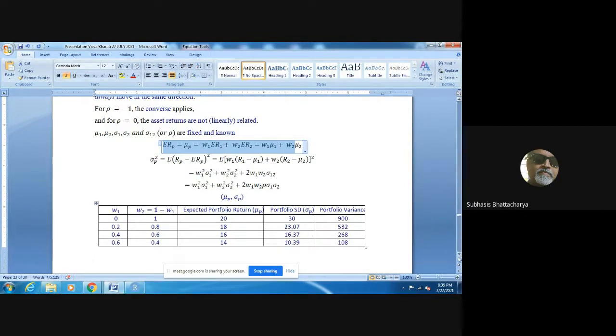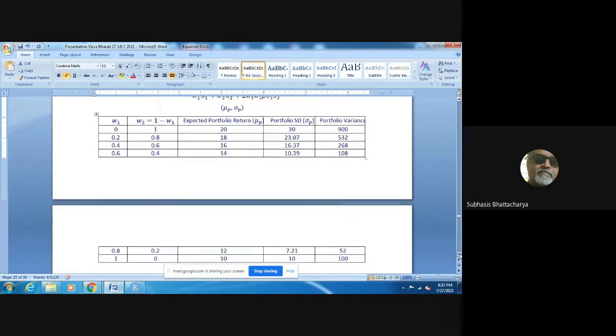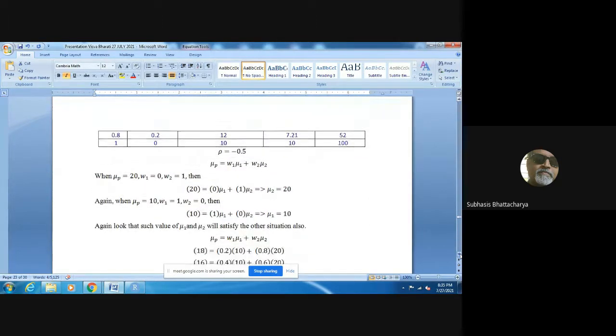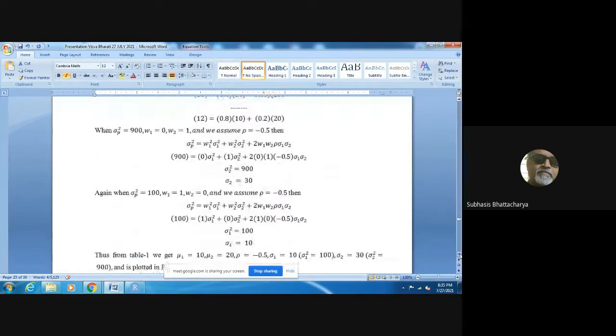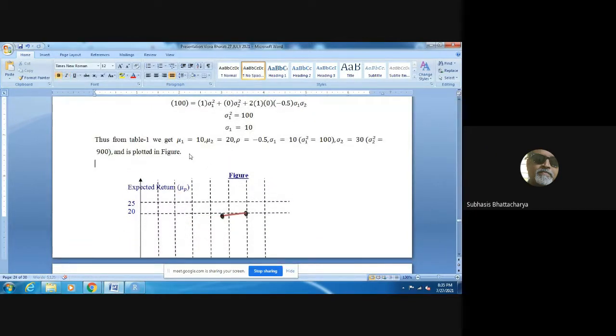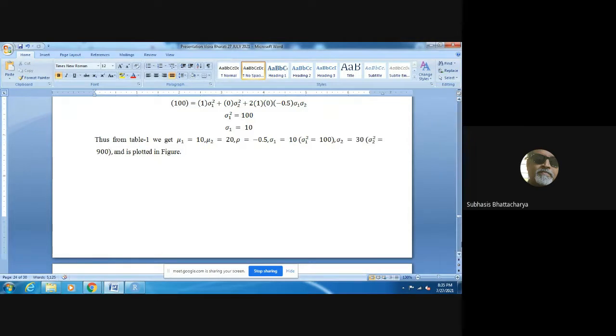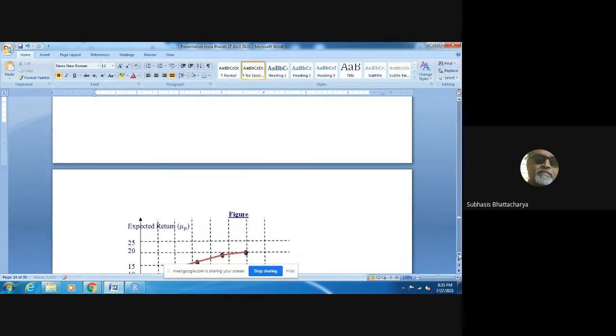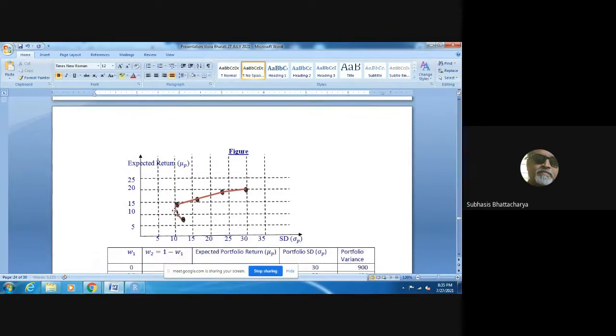So if I plot these returns, the figure looks like this. I'm sorry, I'm not going into those calculations. The figure looks like this for this combination. Now, don't concentrate on this figure.